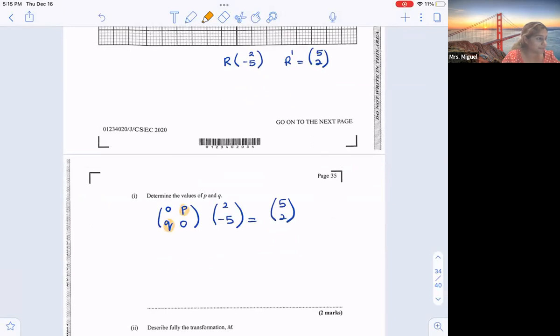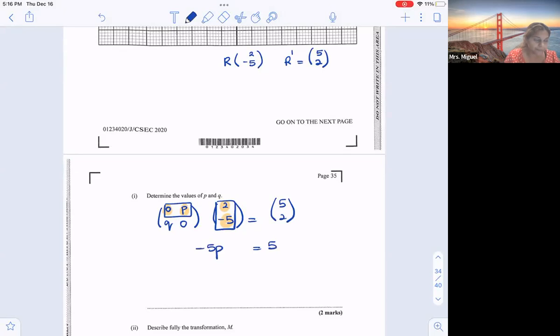So let us see. First row, first column: 0 by 2 is 0. You see that? And P by minus 5 is minus 5P.